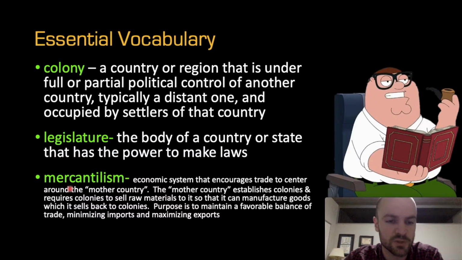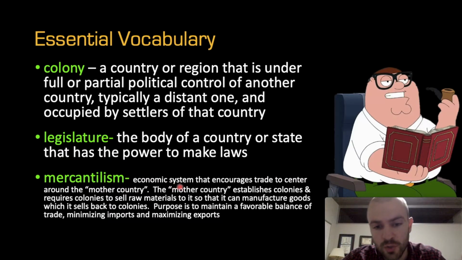And then lastly, this word right here. These isms and ologies are always very difficult for students. So, mercantilism, what is that? I'm going to give you concrete examples later on in the lecture, but let's at least define it right now. Mercantilism is an economic system that encourages trade to center around the mother country.